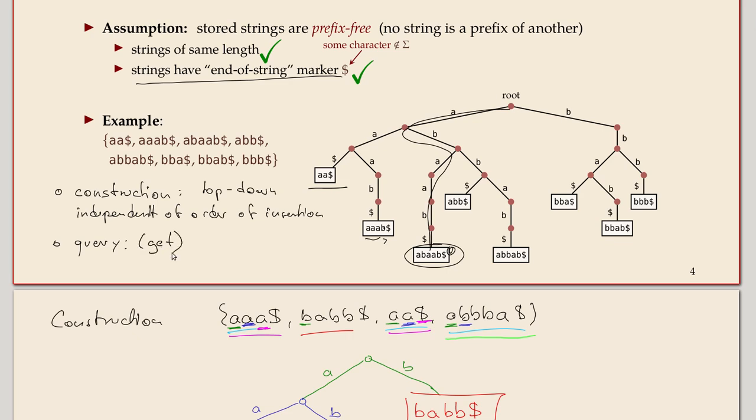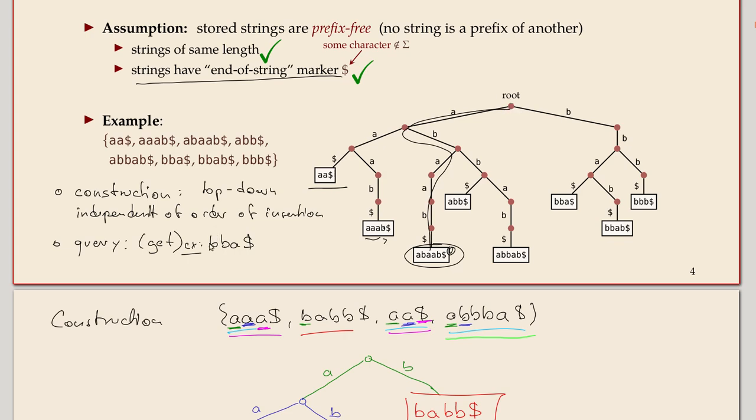So how would you find the value associated with a given string in our try? You're given the string, you know it's in the try, but you want to know the value that's associated with it. Well, what you do is you follow the string left to right, following edges of the appropriate character. So you start at the root.